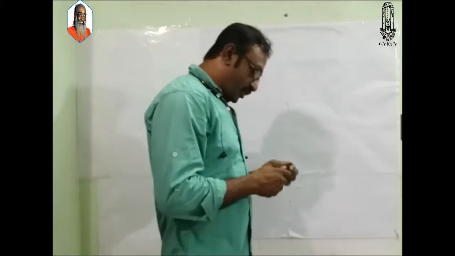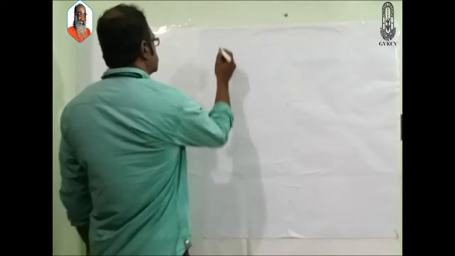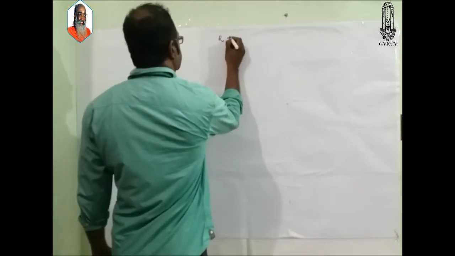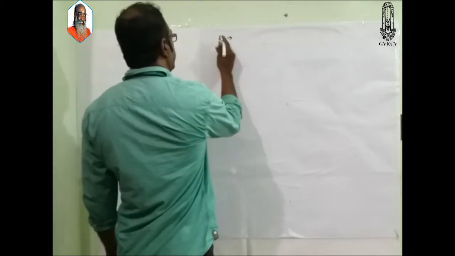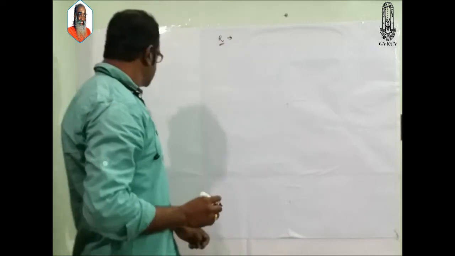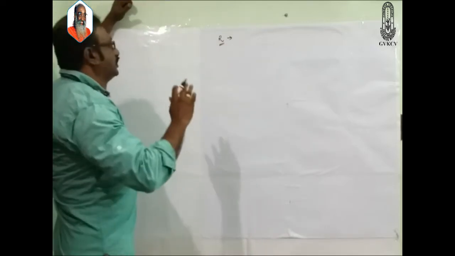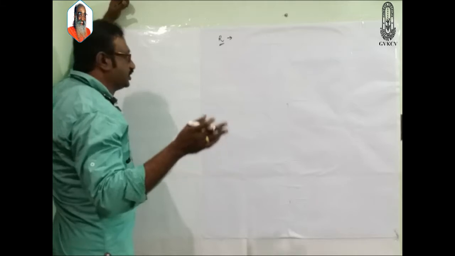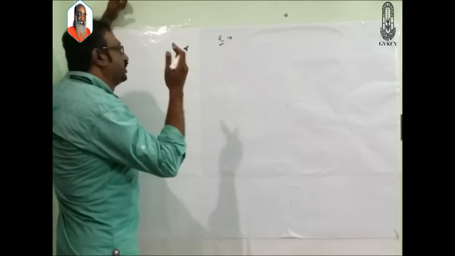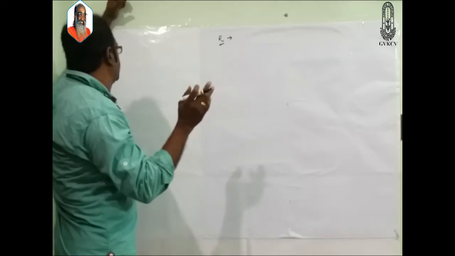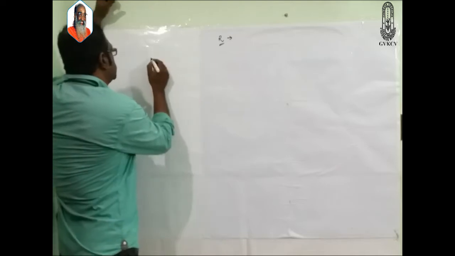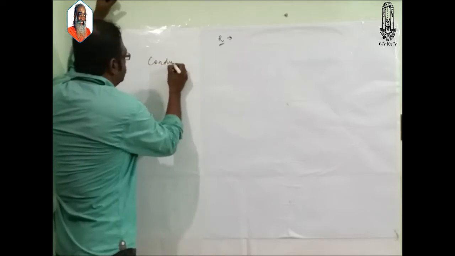And after talking about resistance, we came to know the factors influencing the resistance, the units for it, and the formula for it, and from Ohm's law we have derived this. And here one more property is the conductance.